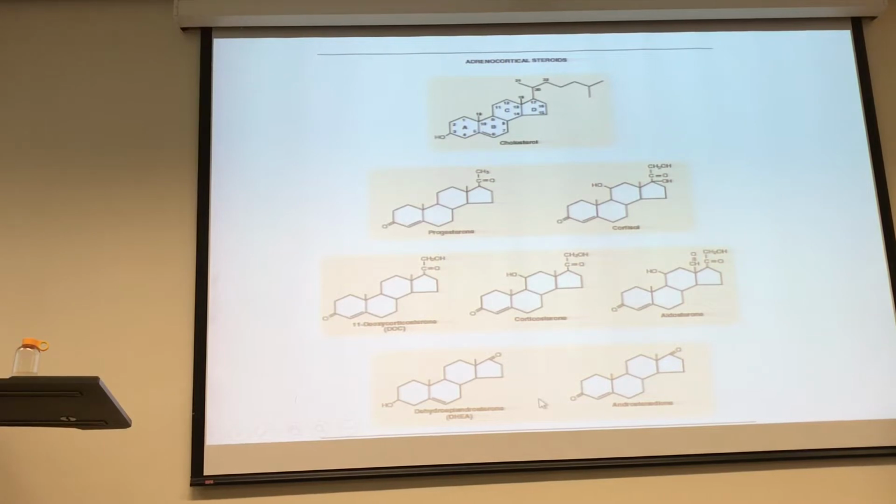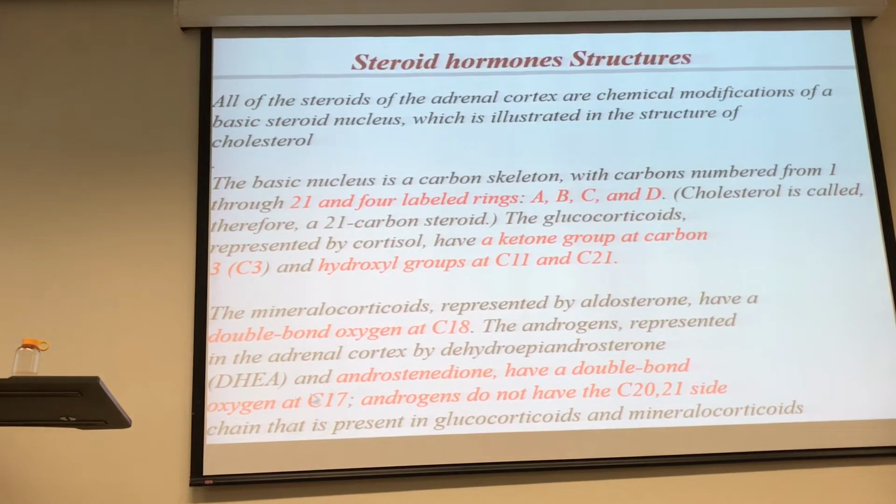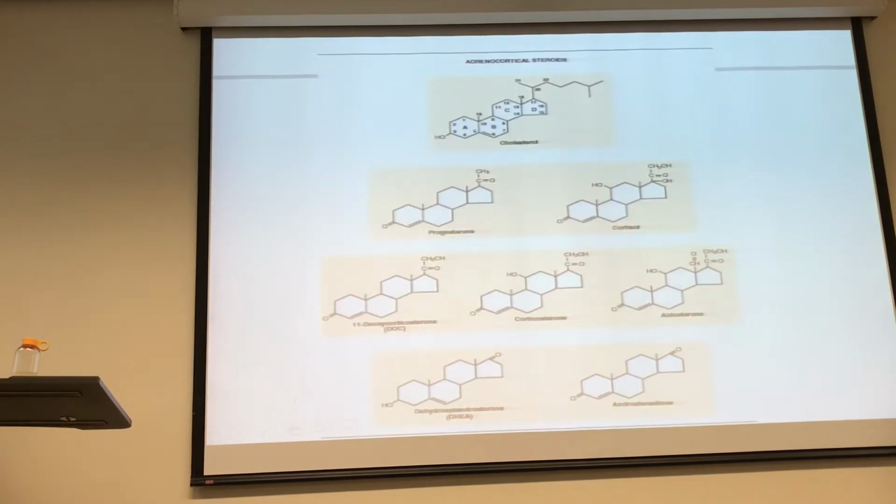If you see the structure of the androgens, which are dehydroepiandrosterone (DHEA) or androstenedione, they have a double bond oxygen at carbon 17, and they do not have the carbon 20 and 21 side chain. So if you see here, you don't have any carbon 20 and 21 in these two compounds, and you have a double bond oxygen at carbon 17.